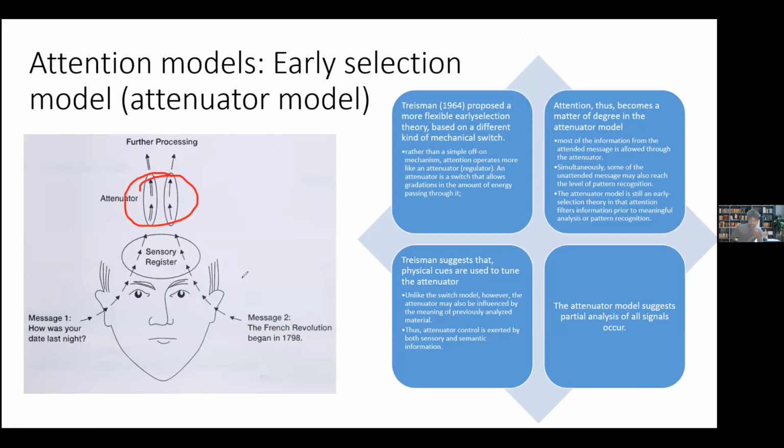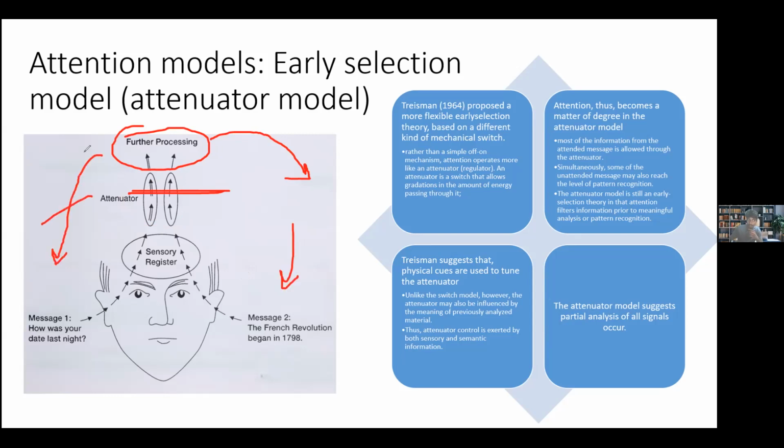So according to late selection, the filter happens much later. There is no filter here, but after you process the meaning of everything, you choose to respond to only one thing. You choose to respond to this message, but you do not respond to this message. So the filter is in terms of response, not in terms of processing or selecting, but in terms of choosing a particular response. Okay? So that is the late selection method.